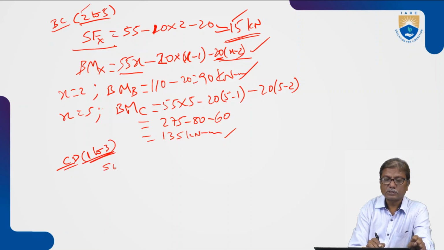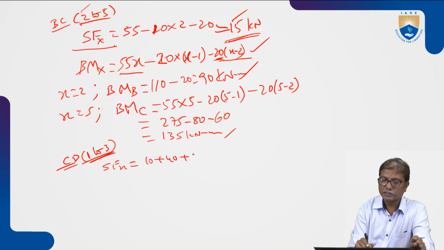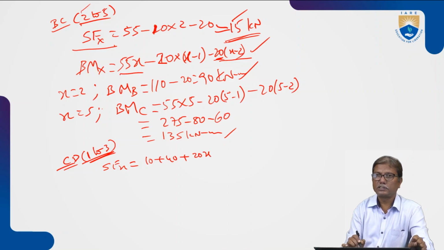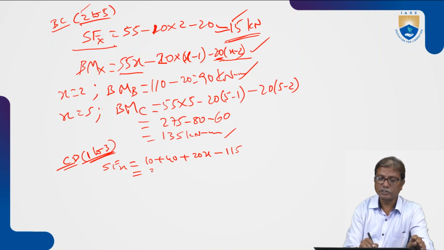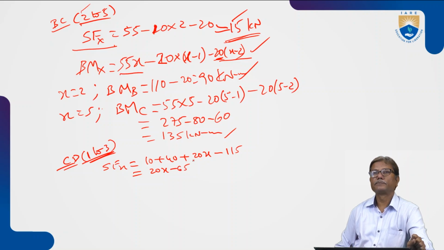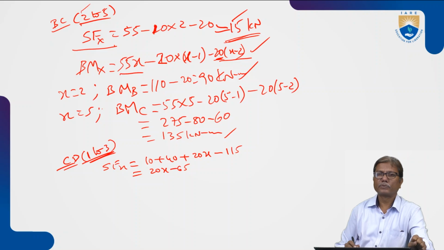So what is the shear force at x? 10 plus 40 plus 20x. All these are downwards, right side, and hence positive, minus RE 115. So it comes out to be 20x minus 65.